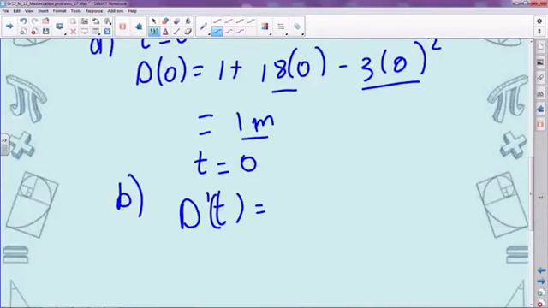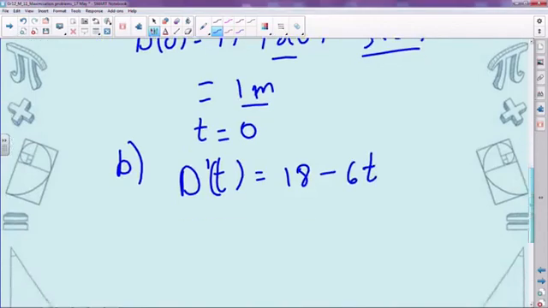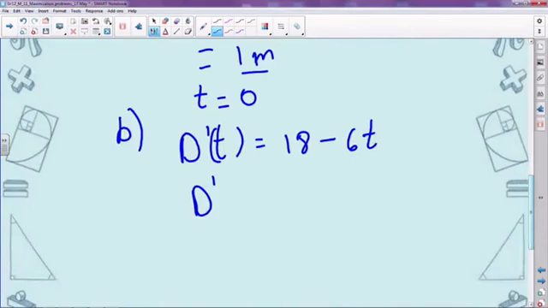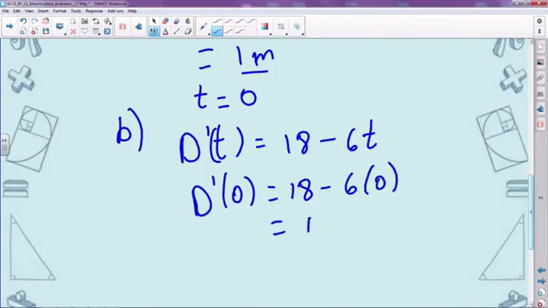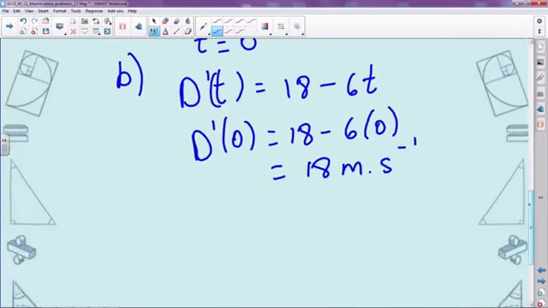So the derivative of our distance equation is equal to 18 minus 6t, and then we substitute t equals 0, which gives me the velocity at time 0, and that's 18 meters per second. So you kick this ball up with a velocity of 18 meters per second.